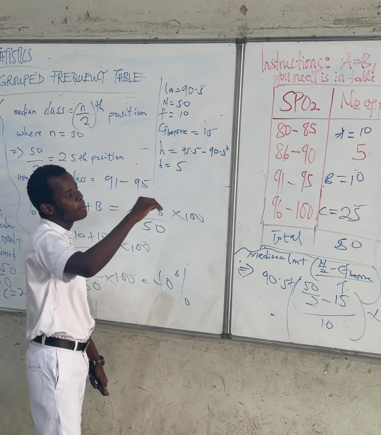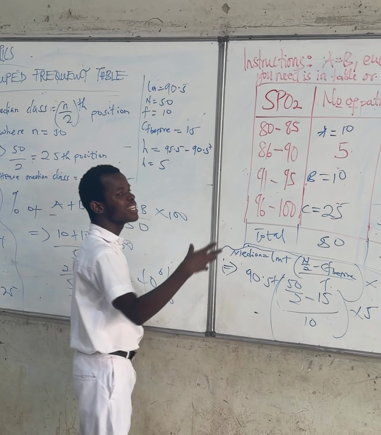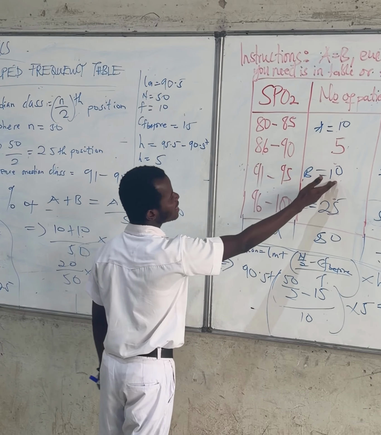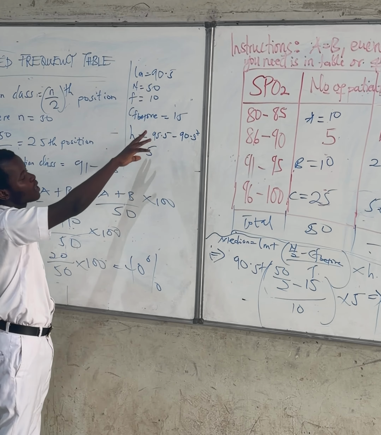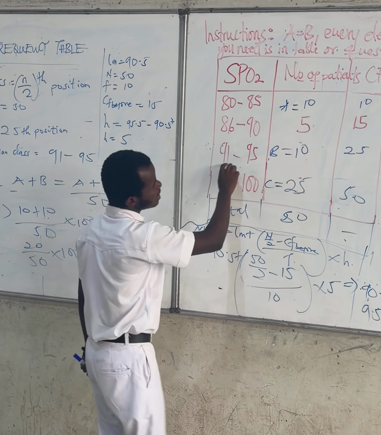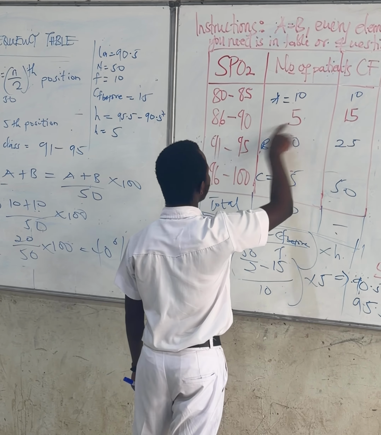And frequency of the median class, 91 to 95, will be 10.